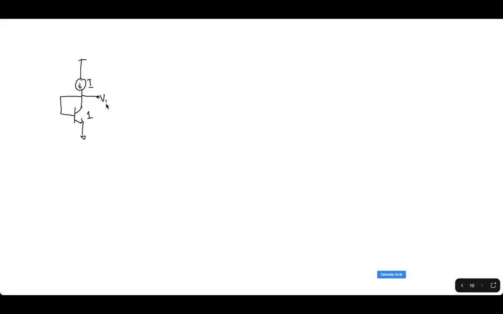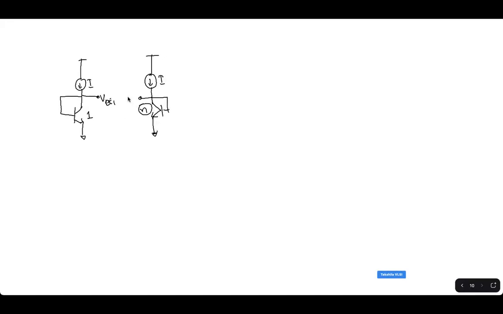Now, what is VBE here? VBE is a CTAT voltage. Let's say I push exactly the same current I into another transistor which has n number of transistors, or the sizing is n times.